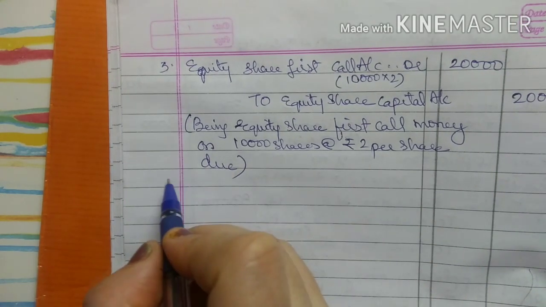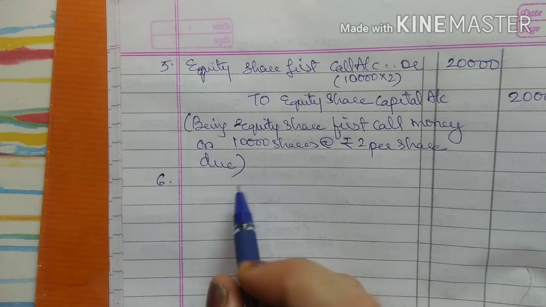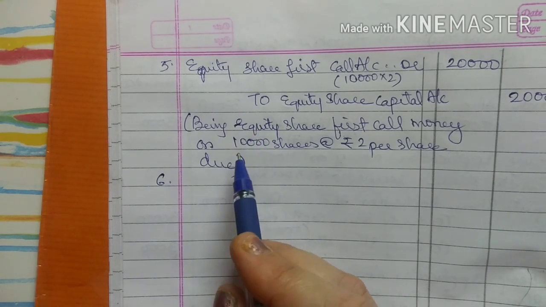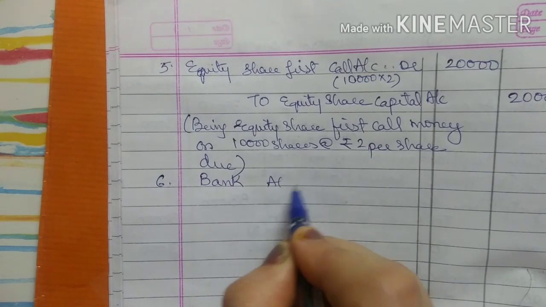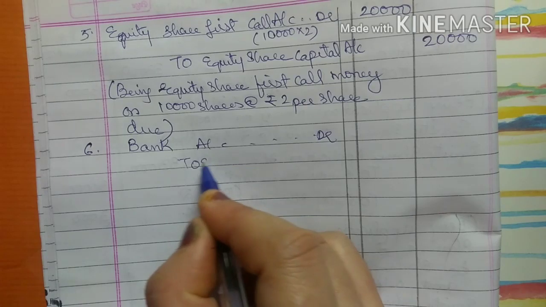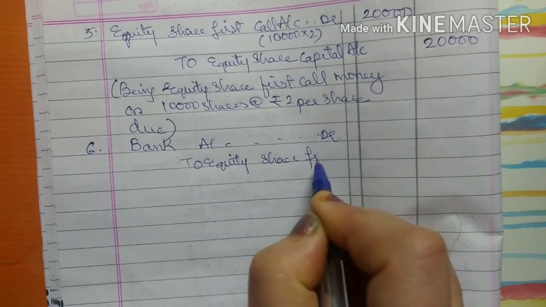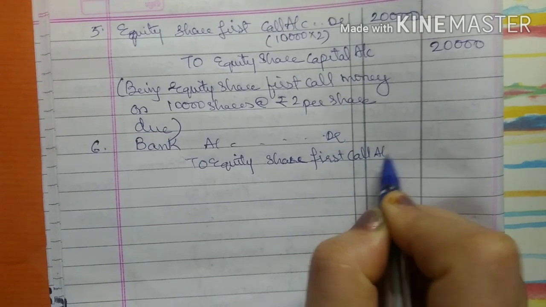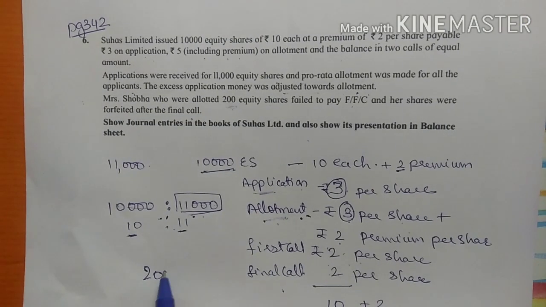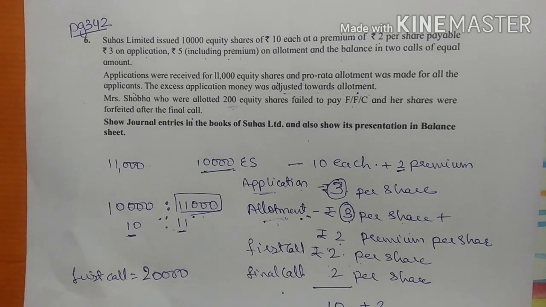Now the next entry, this is the 6th entry, that is the third stage, second entry. अभी कंपनी ने कॉल किया है फर्स्ट कॉल, अब पैसा आएगा. So bank account debit to equity share first call account. So see, 20,000 is the first call amount, right, which is to be received.